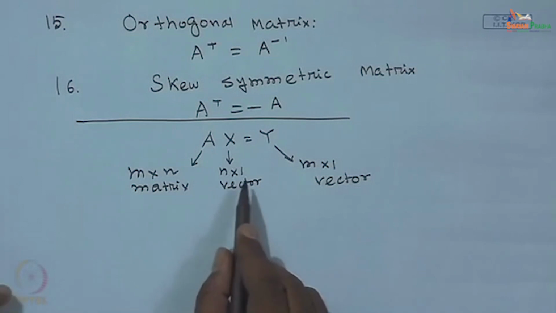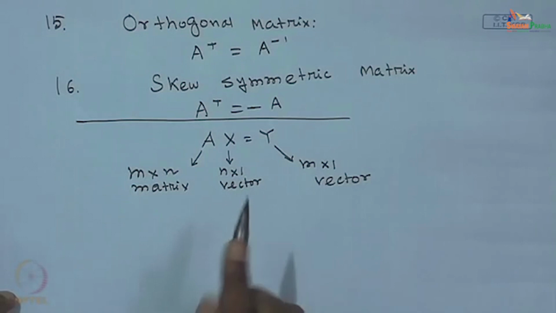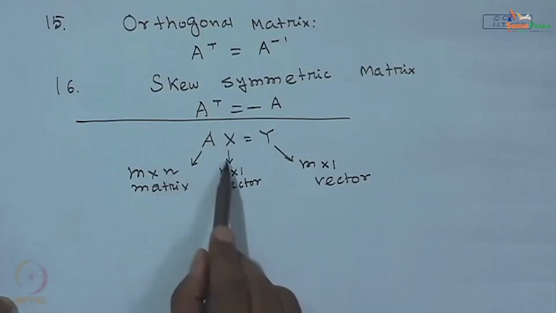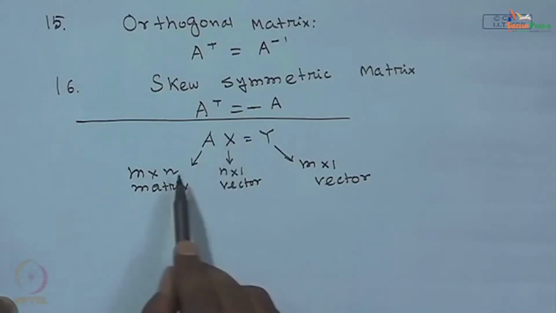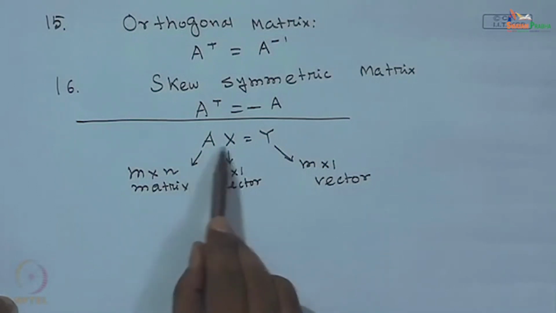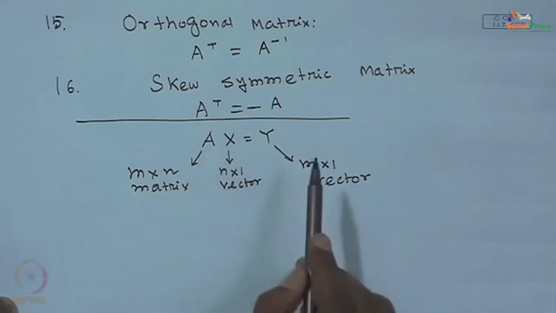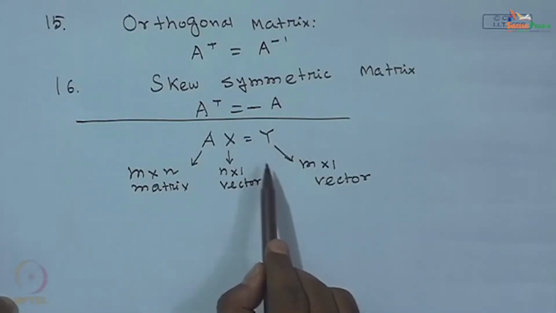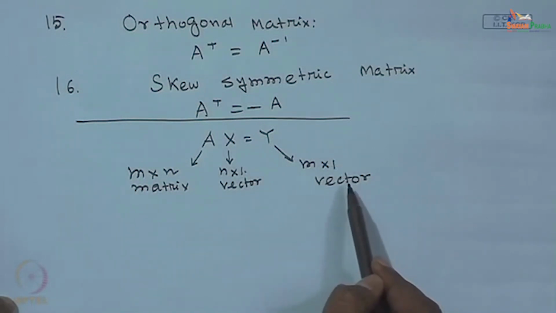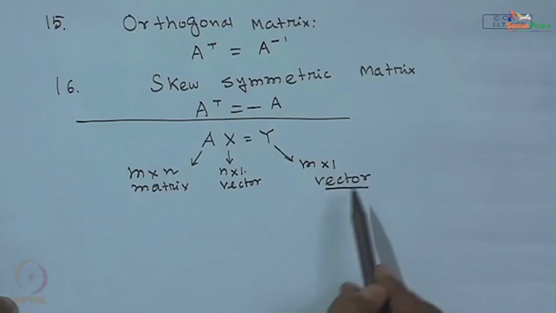So, this vector is basically a special matrix where the number of columns is 1. When you talk about A and x, the number of columns of this matrix is equal to the number of rows of this vector. So, they are conformable, their multiplication is allowed, and you will get another vector of size m cross 1.